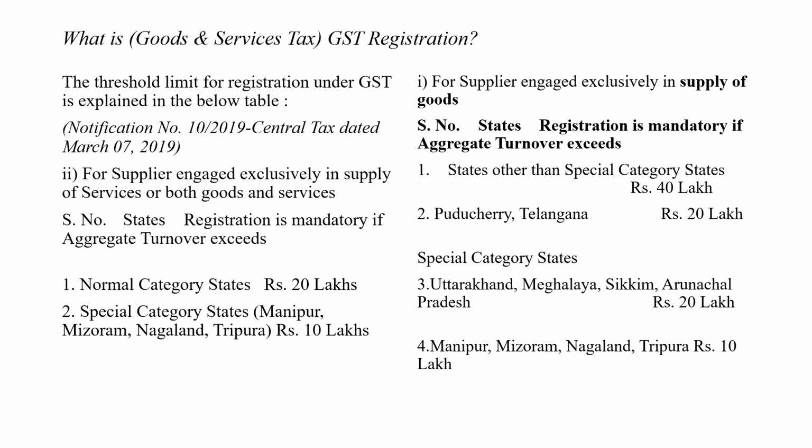For a supplier engaged exclusively in supply of goods, in a state other than a special category state it is rupees 40 lakh; Pondicherry, Telangana rupees 20 lakh; special category states like Uttarakhand, Meghalaya, Sikkim, Arunachal Pradesh rupees 20 lakh; Manipur, Mizoram, Nagaland, Tripura rupees 10 lakh. So if the limit is crossed, registration is needed.